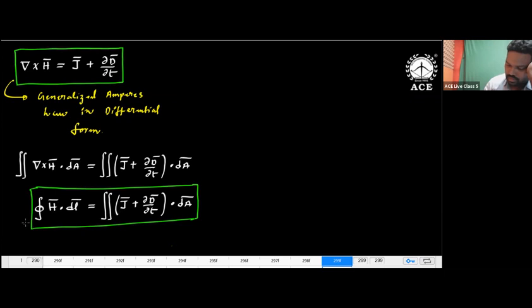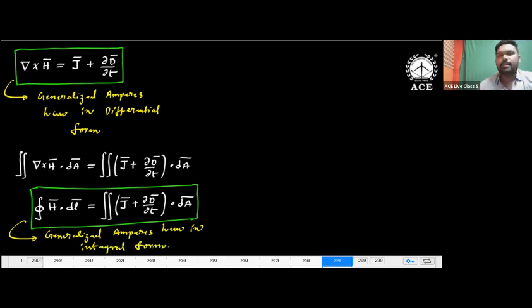This is called generalized Ampere's law in integral form. Clear beta? Fine. Let me turn the page here.